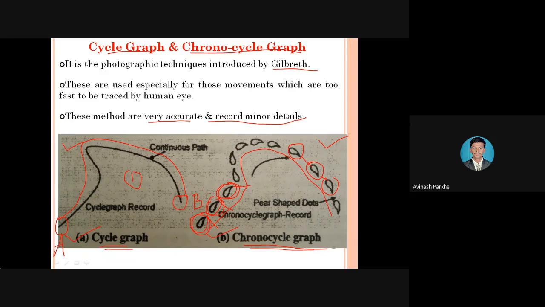And this method is very, very accurate because we are observing the things by the human eyes only, or by using high definition cameras. So whatever information you will get through this technique is very accurate. So this is one of the next techniques, called the cycle graph and the chronocycle graph.